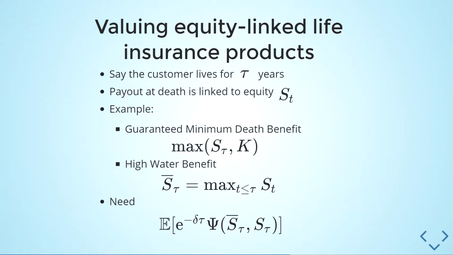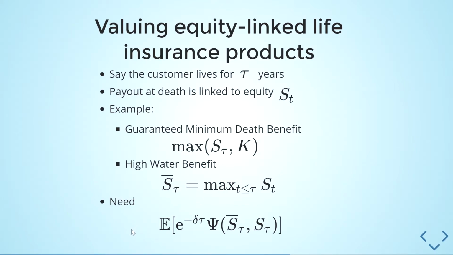The payout when they die is linked to some stock price or asset price, S_T. There are many different payouts you can have at that random termination time. A simple one is the guaranteed minimum benefit: at the time of death, they look at the stock price of the underlying asset and say, this is what you're going to get. But if it's too small, then they give you the guaranteed minimum, capital K.